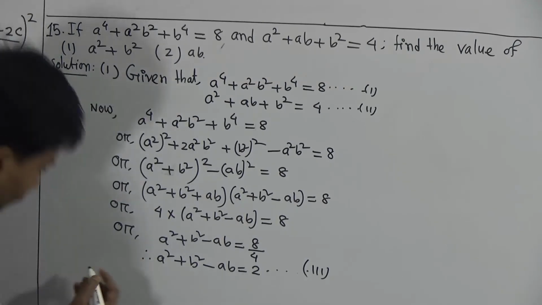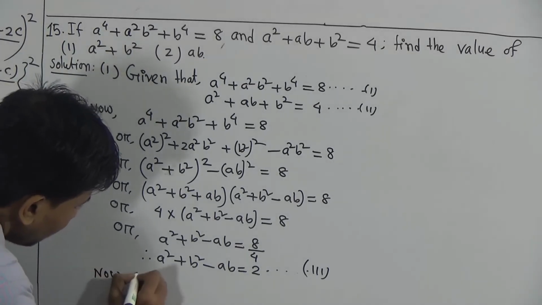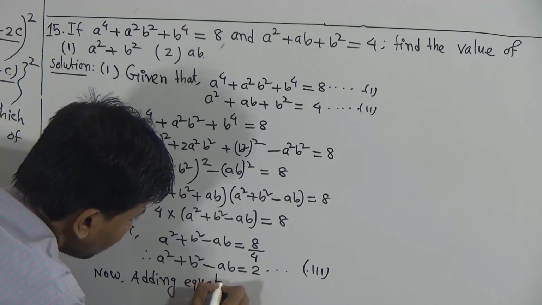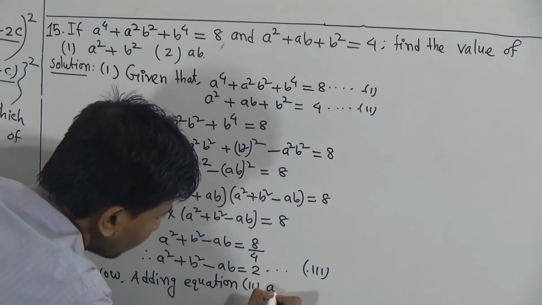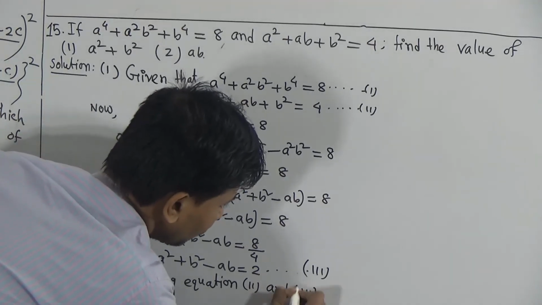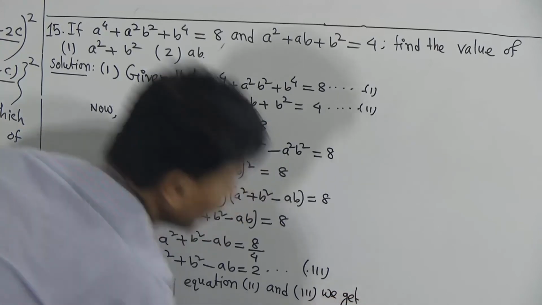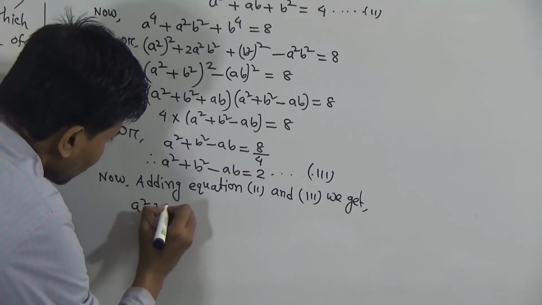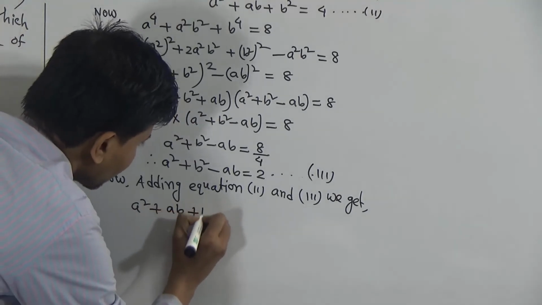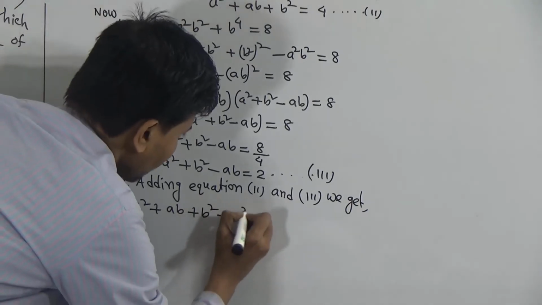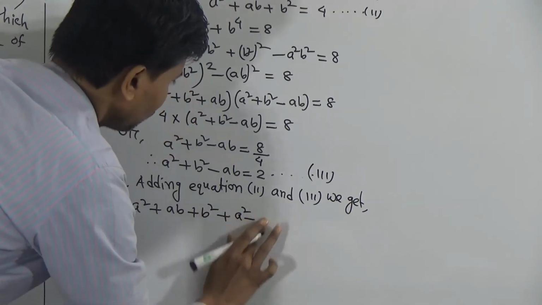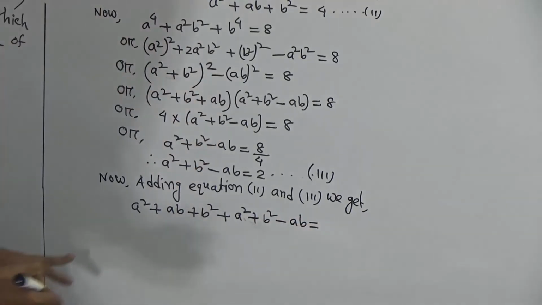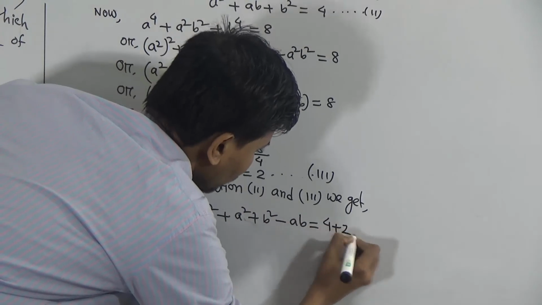Now adding equations 2 and 3, we get a square plus ab plus b square plus a square plus b square minus ab equals 4 plus 2.